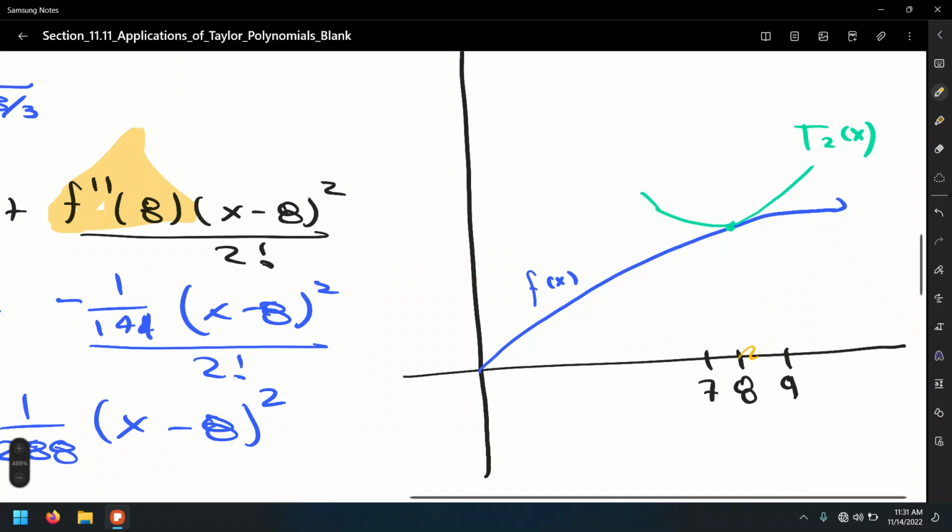Of course, at the center, we see that the actual value is exactly the same as the approximated value. However, if we start going away from the center, do you see how we start to see a difference between the approximated value and the actual value? And do you notice how this difference gets bigger and bigger every time?